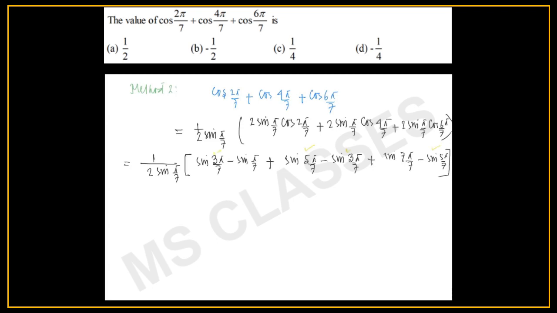This one is cancelled out, and we are left with only two terms. One is sine pi, and sine pi is 0, so this term also vanishes. We are left with only minus sine pi by 7, which cancels out, and we get the answer as minus 1 by 2.